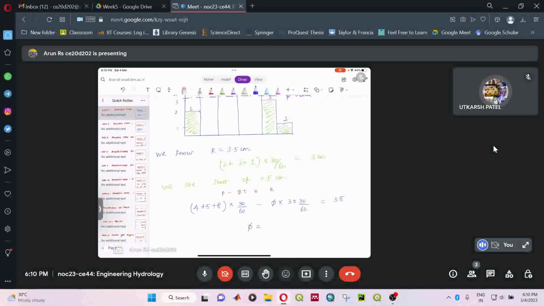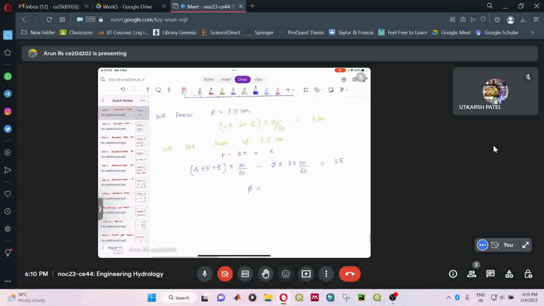So what is the value we are getting? 4 plus 5 plus 8 into 0.5, minus, so is it 3.33?